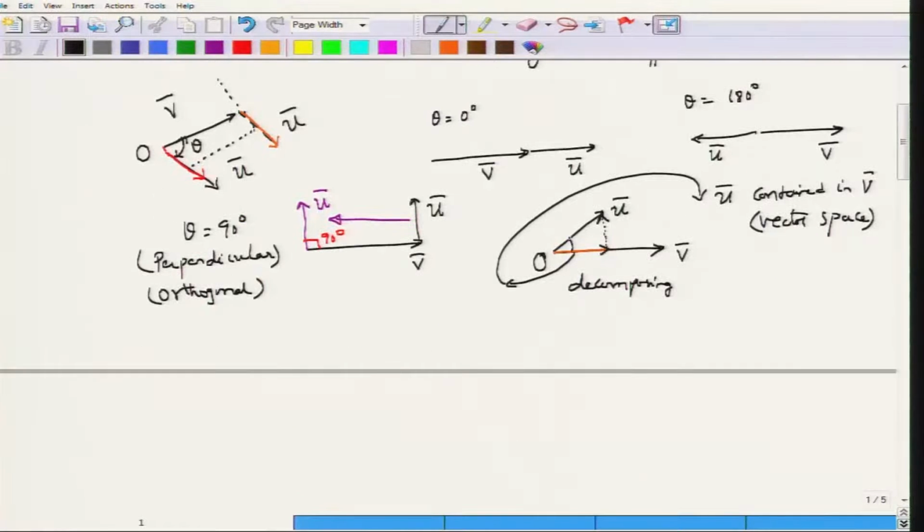How do I obtain that length? Suppose the angle between the two is theta, then you define what is called the dot product of the two vectors. This is one notation for the dot product. You might be more familiar with this notation, which is u dot v.